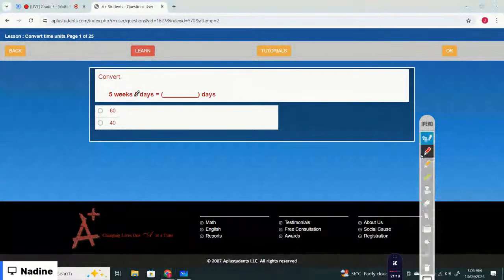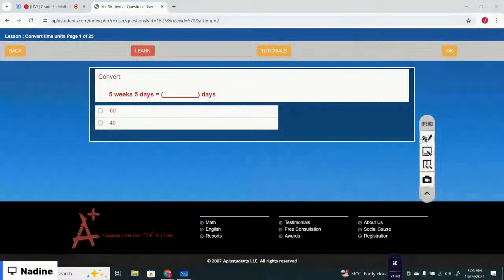You have 5 weeks here, so first convert these 5 weeks to days. 7 times 5 is 35 days. You already have 5 days, so 35 plus 5 is 40 days. The correct option is 40 days. Option number 2 is the correct option.